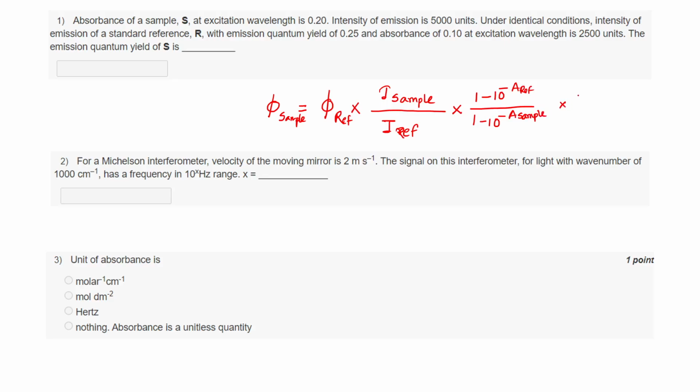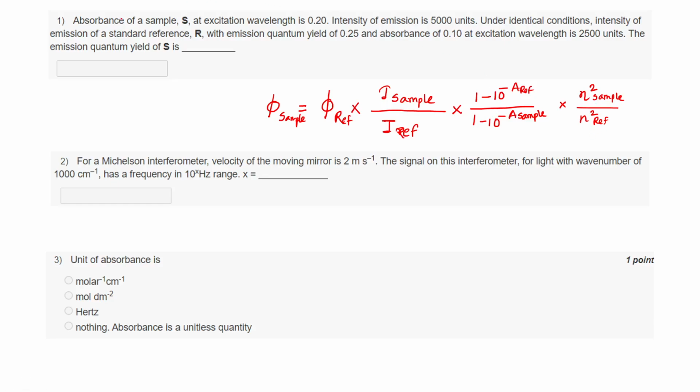And then we have the solvent refractive index. This is for the sample, meaning the sample in some solvent. Suppose it is water, then it is 1.33. Then n squared for the reference, the reference in some solvent.